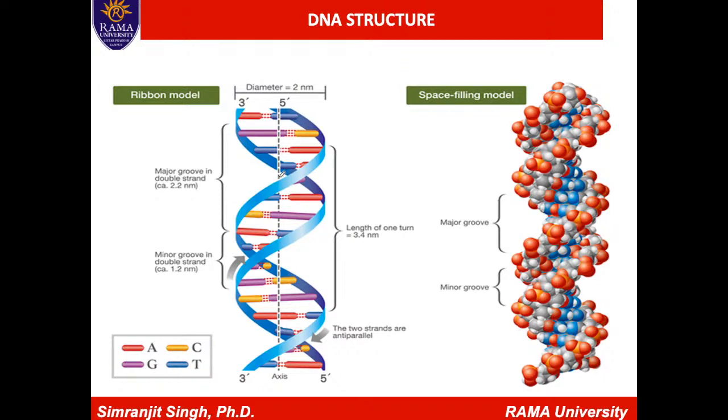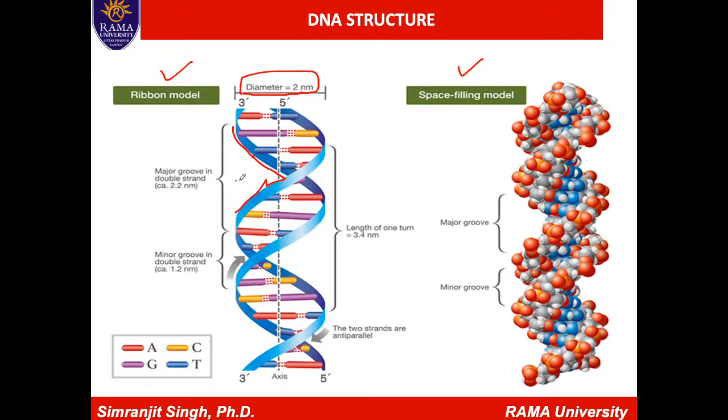So this nicely shows two models of the DNA structure: a ribbon model and a space filling model. The diameter of a typical DNA is around 2 nanometer. The major groove, as we have discussed, takes a big turn here, you can see, and then goes back.